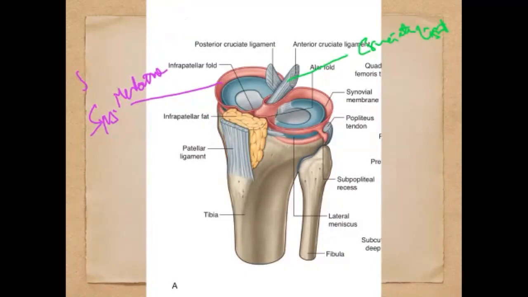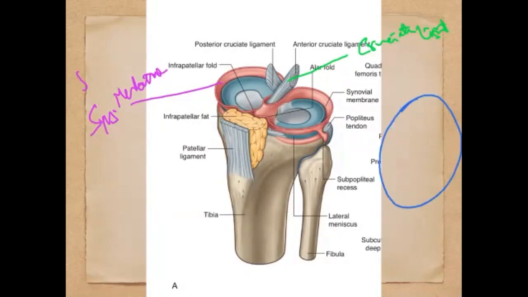That means they are not within the synovial membrane, but they are intracapsular because joint capsule will be there. Okay, they are within the joint capsule and they are within the joint space, but they are not within the, that means, let me draw.